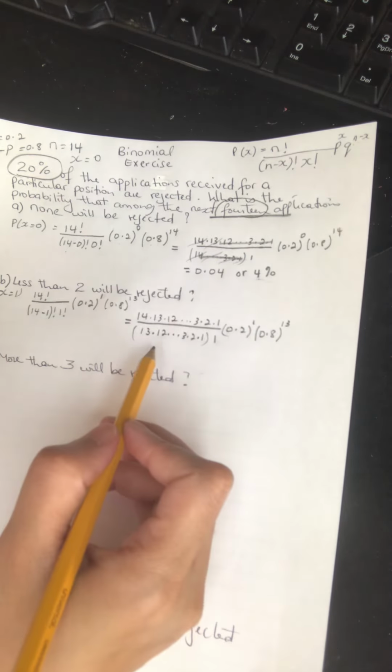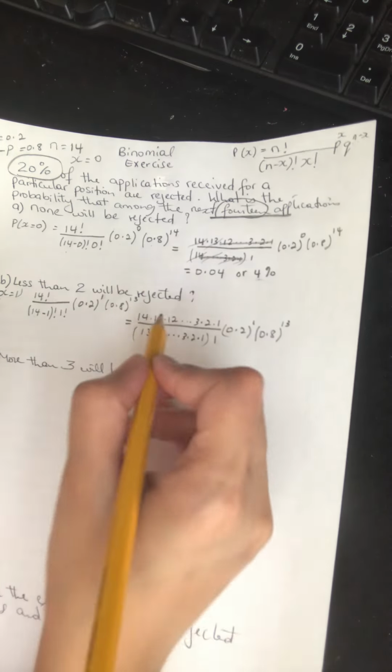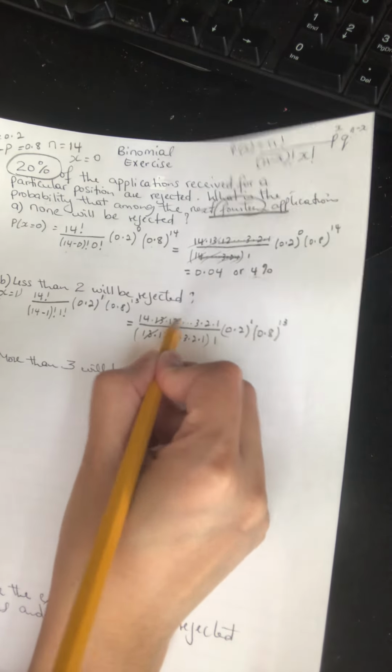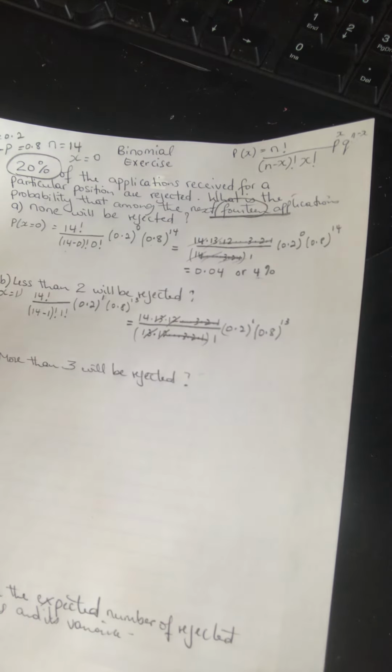Now we want to simplify this. To go about doing so, we look for everything that's alike and we just remove it. So we get 13 with 13, 12 with 12, all of these similar, everything the same, out of the way.